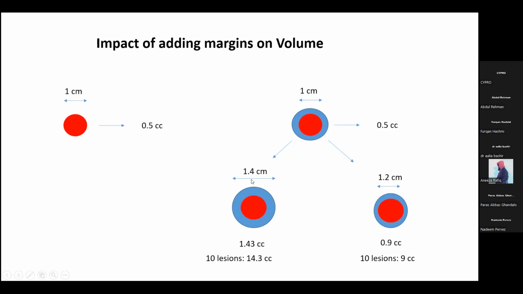Adding a 2 millimeter margin makes around 1.4 cm, and the volume of this is 1.4 cc. So if we are dealing with a non-dedicated SRS system, VMAT like any of the linacs available commercially, and we are giving a 2 millimeter margin, even a 1 centimeter lesion can give you a higher volume, and definitely will affect the dose delivery and give more dose to the normal tissues surrounding. So dedicated system or non-dedicated system, definitely it makes an impact.